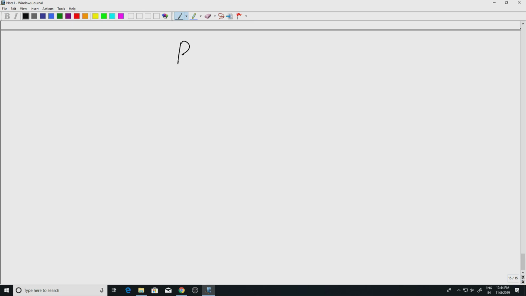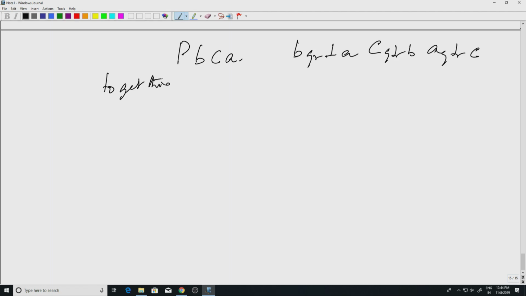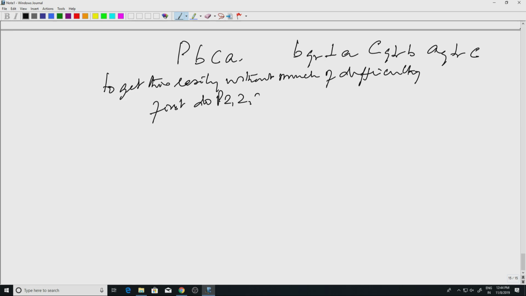We will go to PBCA. B glide perpendicular to A, C glide perpendicular to B, A glide perpendicular to C. To get this easily, without much difficulty, first do for P21 21 21.